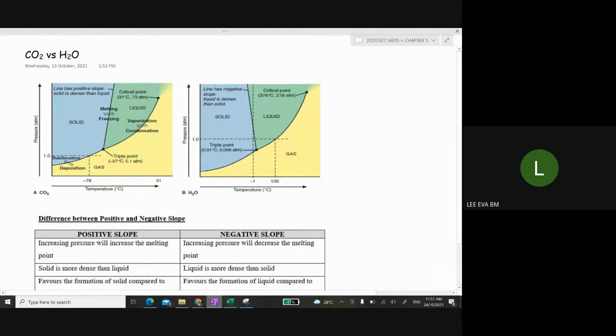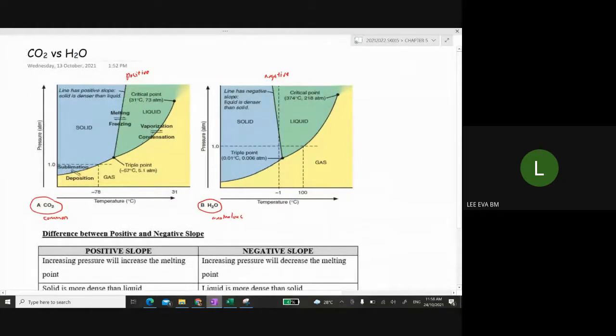Okay, so over here we have the phase diagram for carbon dioxide and the phase diagram for H2O. Carbon dioxide is the common one. H2O is the anomalous. So you can see over here we have a positive slope for carbon dioxide and a negative slope for the water, for the H2O.